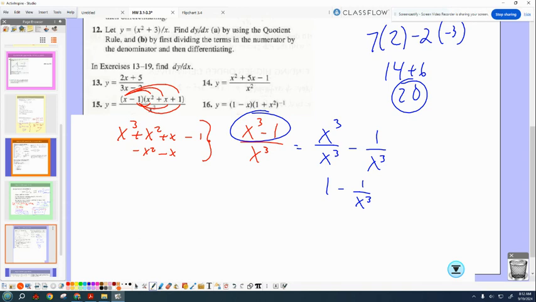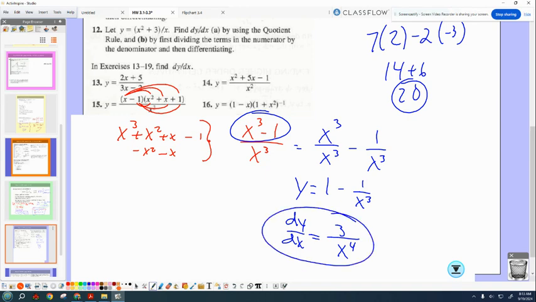Now, if this is my function, the derivative of 1 goes away, the derivative of this one, multiply the power and lower the power. So multiplying by -3, the negative is still there, so negative became +3, lower the power. We will do the divide and conquer a lot, yeah. So if I did it not dividing, conquering, the longer way, if you get the right answer, that's fine.